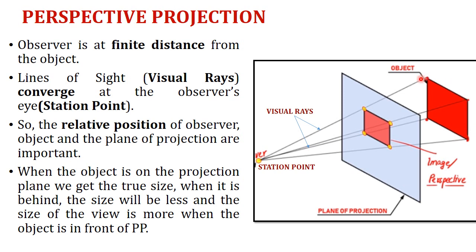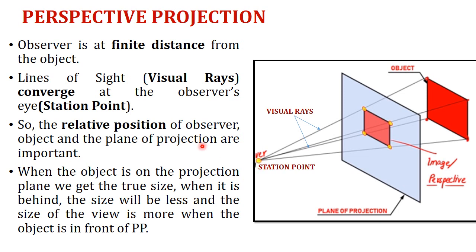So the important point here is the observer is not at infinite distance. The observer is at finite distance from the object. The lines of sight converge at the observer's eye or station point here.